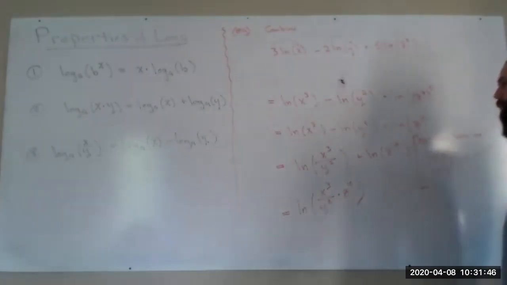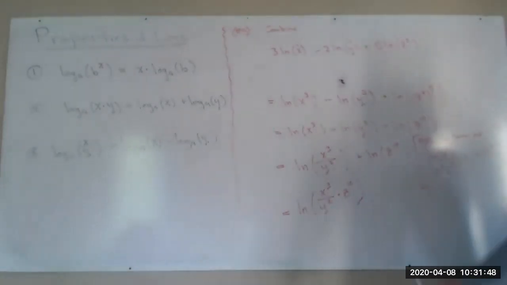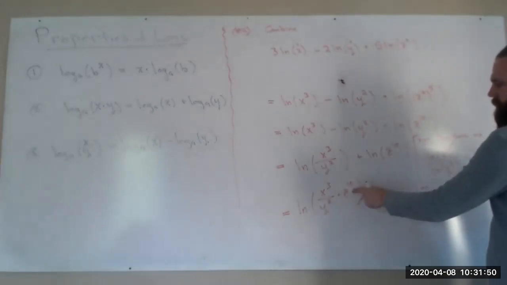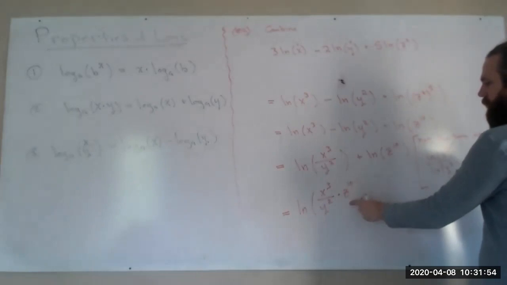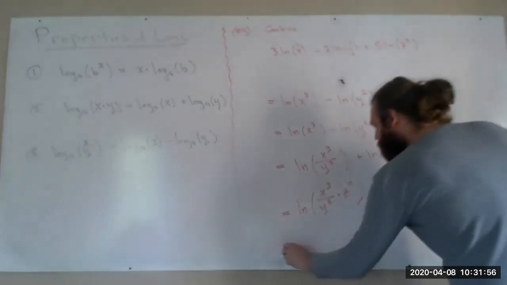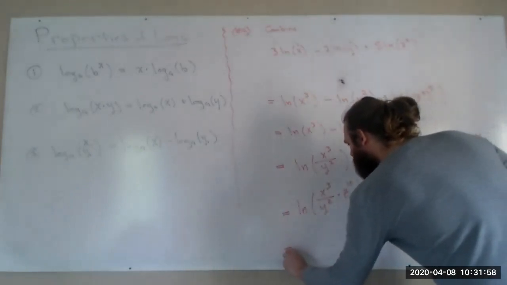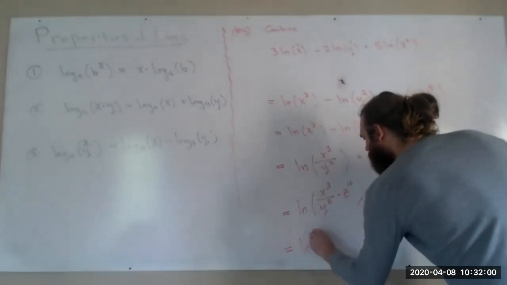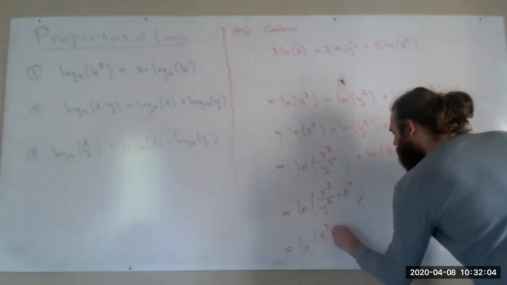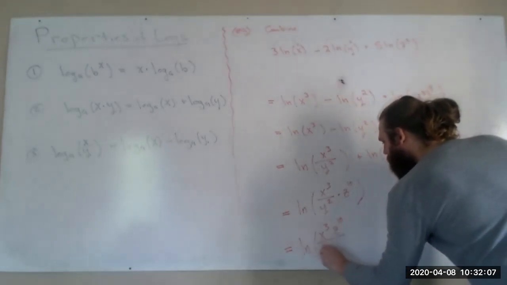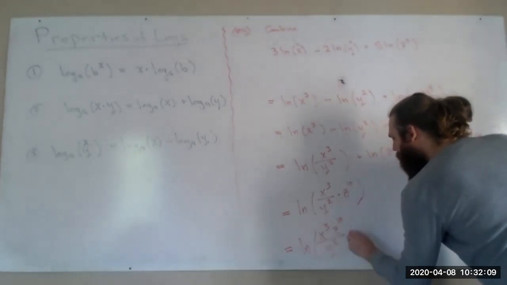And while we're at it, practicing our fractions, if I want to multiply these, this z to the 10 just goes upstairs, because he's z to the 10 over 1, and you multiply the fraction straight across, and it looks much nicer like that. So I'll say this is ln of x cubed z to the 10 over y squared, like that.